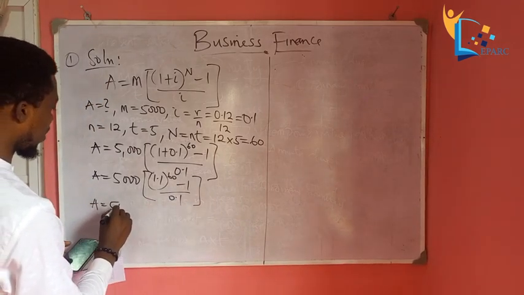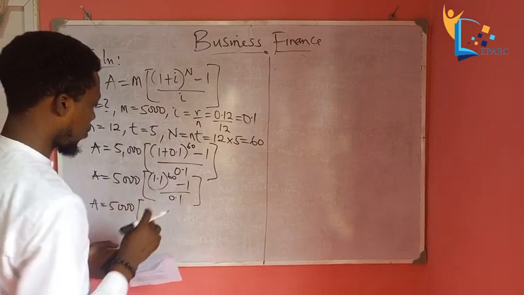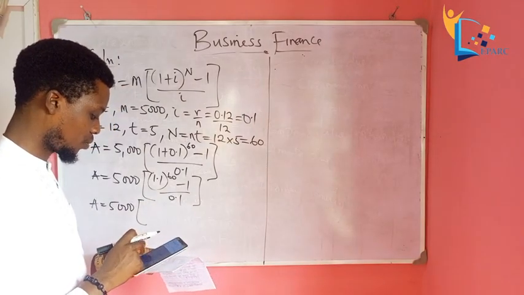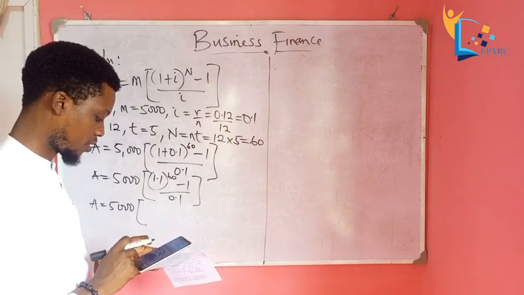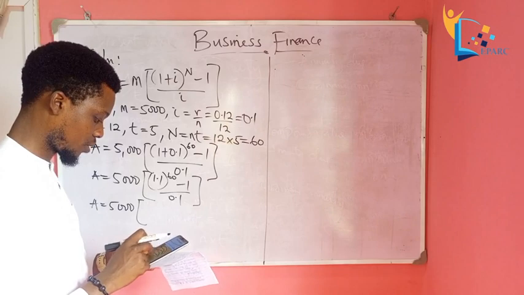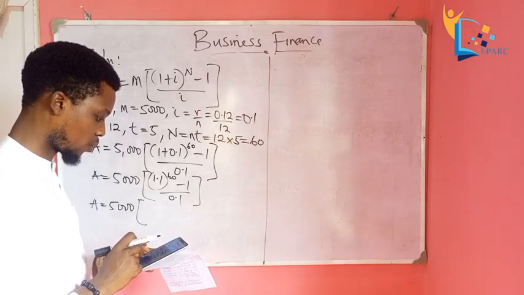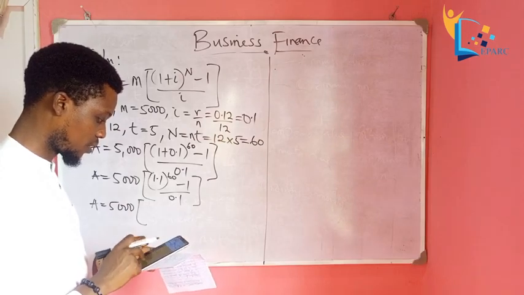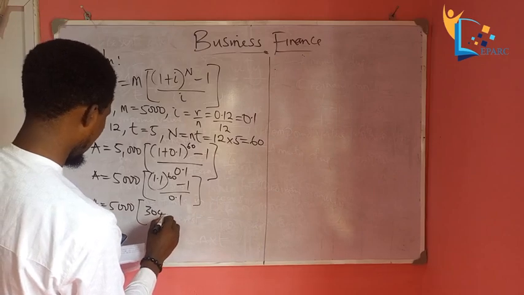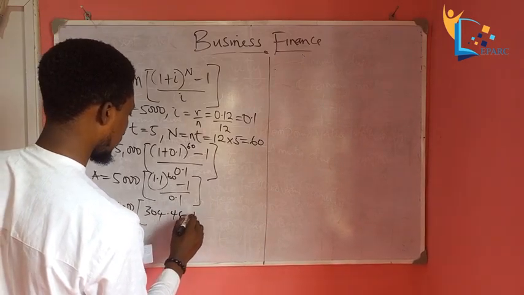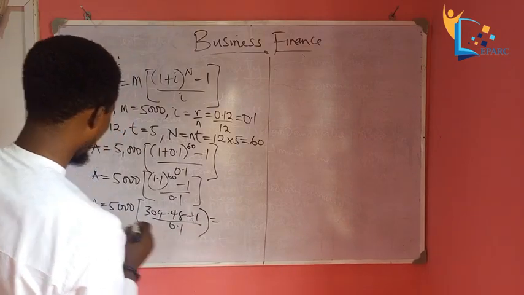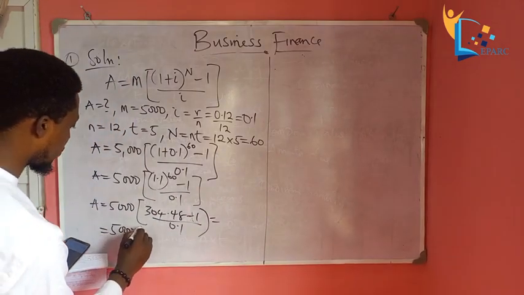So A is equal to 5,000, open brackets, 1.1 raised to power 60. 1.1 raised to the power of 60 will give us 304.48 minus 1, all over 0.1, which is equal to 5,000.